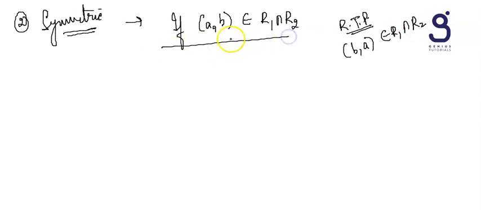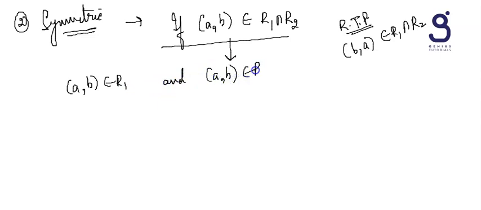Since (a, b) belongs to R1 intersection R2, this means (a, b) belongs to R1 and (a, b) belongs to R2, because (a, b) is the common part. It will belong to relation R1 as well as to R2. Now (a, b) belongs to R1, and we know that R1 is symmetric in nature because R1 is an equivalence relation, so it must be symmetric. In the same way, R2 is also symmetric.